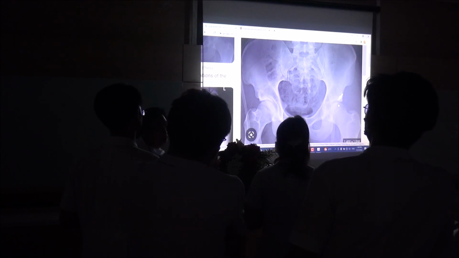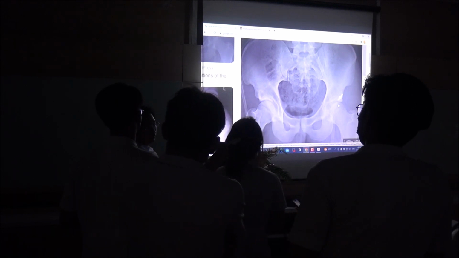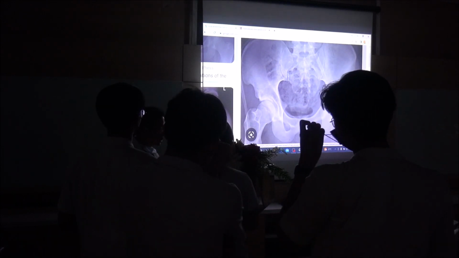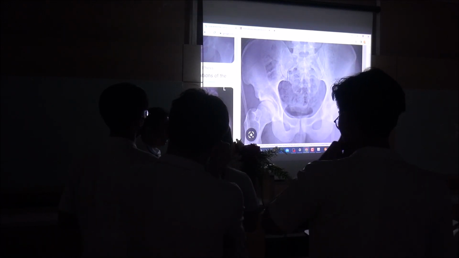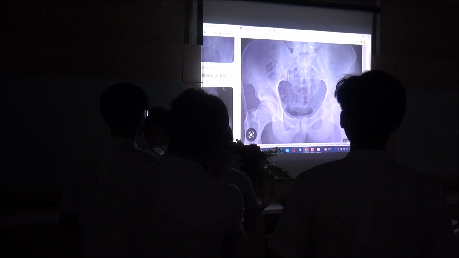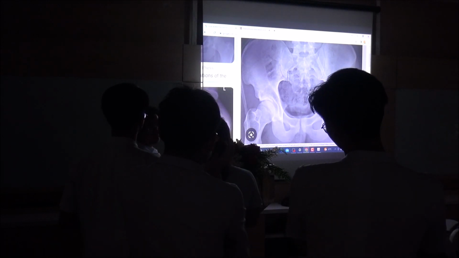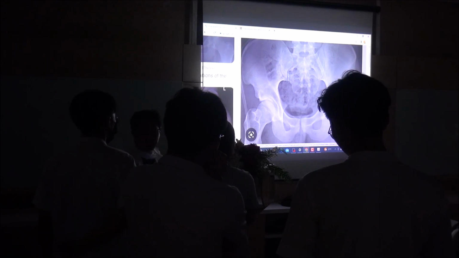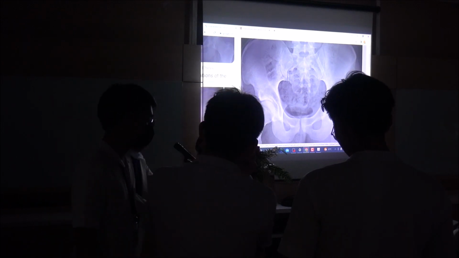For CT scan, you can do subtraction. You can remove the acetabulum, right? You can do subtraction, and you can see the fragment very well. MRI you cannot do subtraction. Okay, so these are good examples of incarcerated fragment.